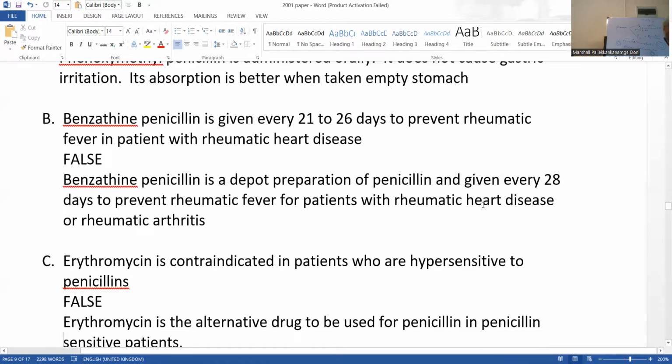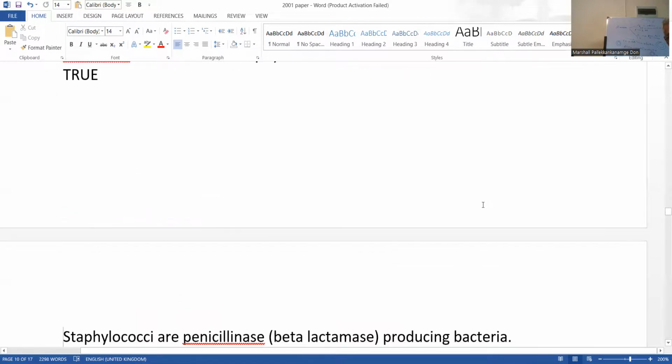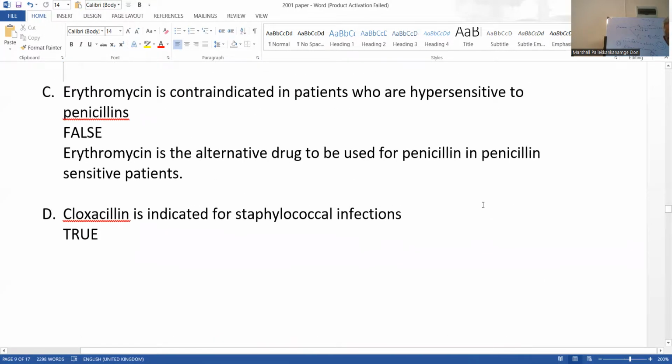C: Erythromycin is contraindicated in patients who are hypersensitive to penicillins. That is what I explained. Hypersensitivity reaction type 1: you get anaphylactic shock with penicillin, or sometimes rash, anything, allergy.